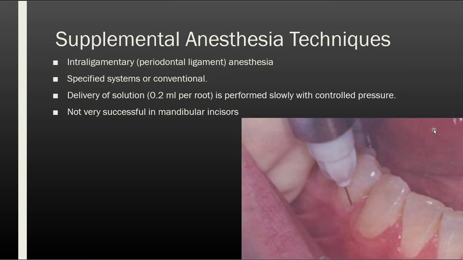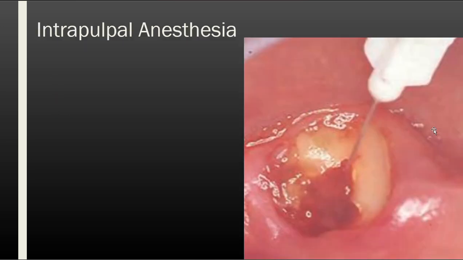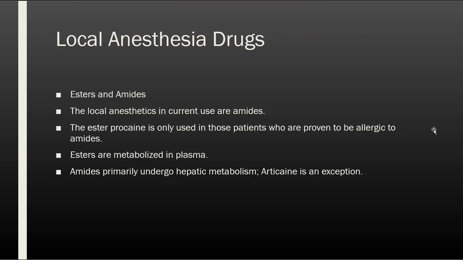We can go for intraligamental. We can keep going until we find pressure or resistance, and then we try to give. And the mandibular incisor is not very successful. Intrapulpal can be the last resort in patients with irreversible pulpitis to numb the pain a little bit.